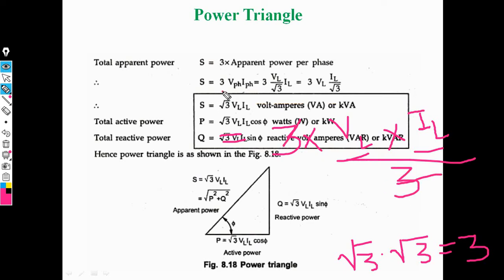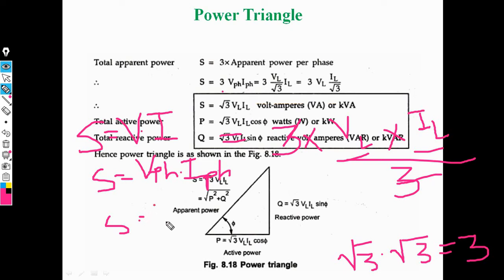Then we obtain S equal to V into I. For the phase quantities, S is equal to VPH into IPH. Similarly for the load, S is equal to VL into IL. Now this is the power triangle for active power, reactive power and apparent power. This is the power triangle concept.